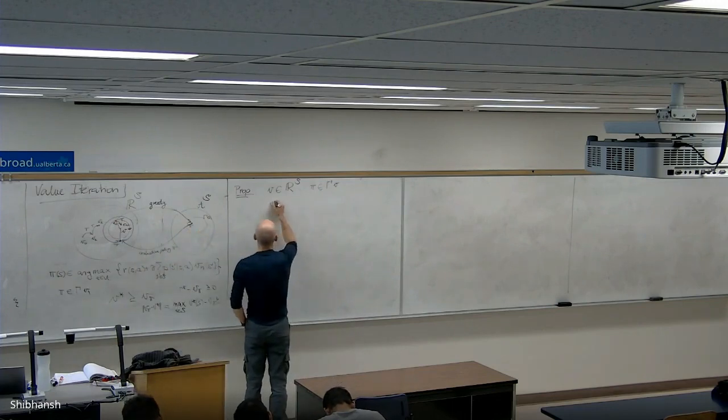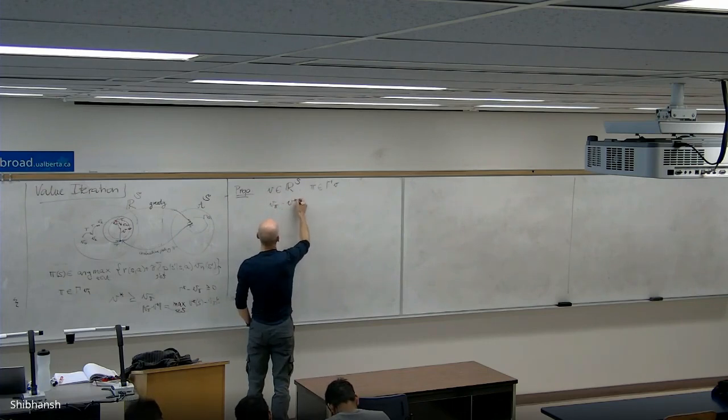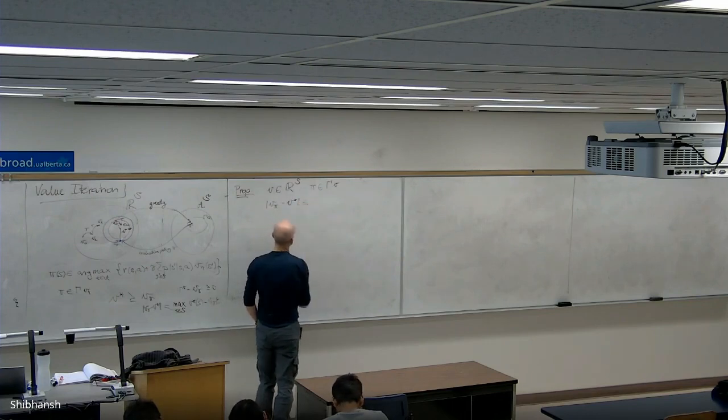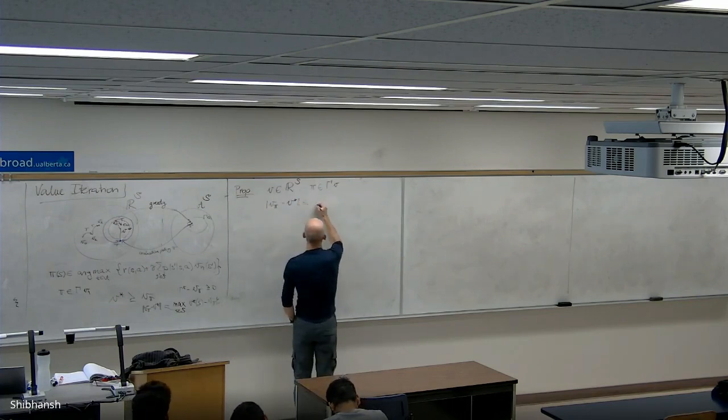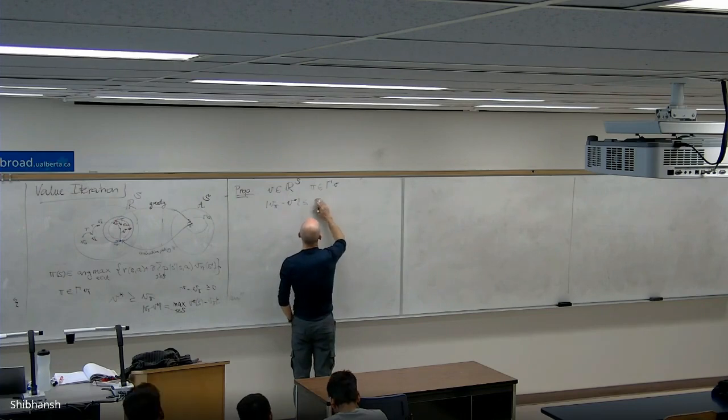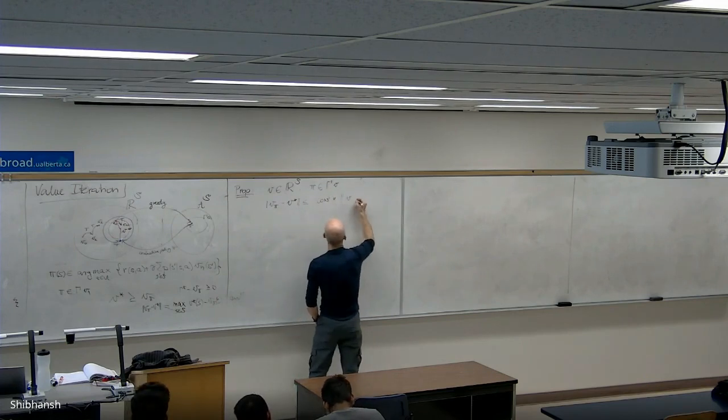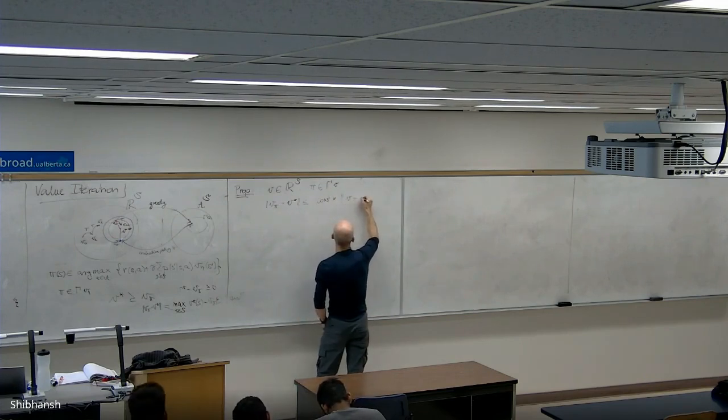And we want to say that the distance between v pi and V star cannot be larger than some constant times the distance between V and V star.